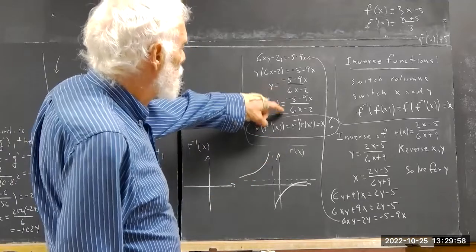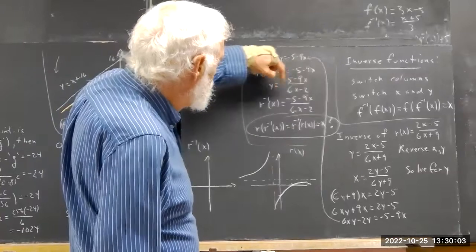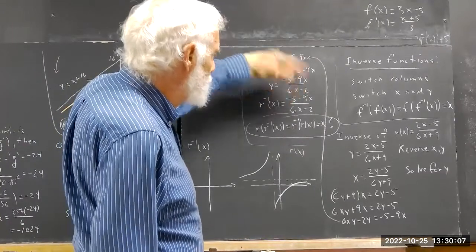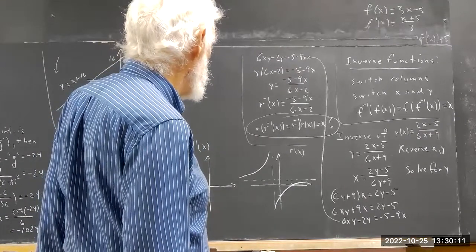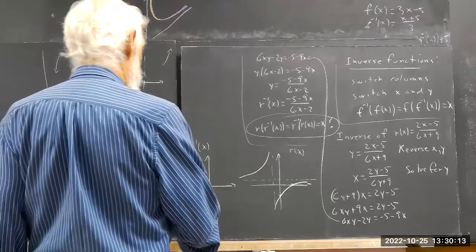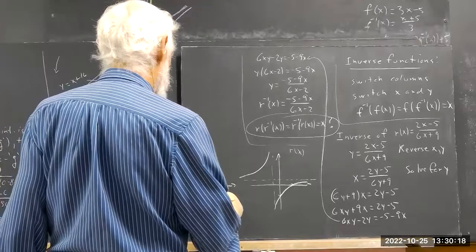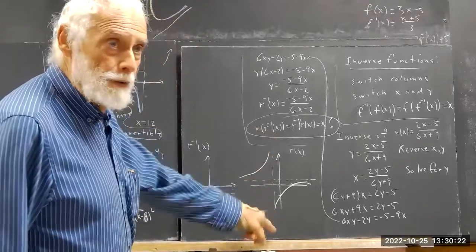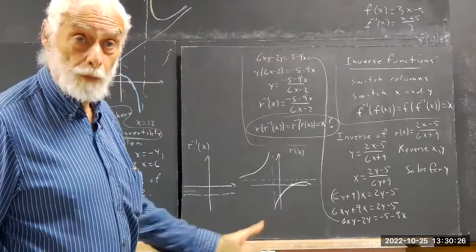Okay, in this case, you're going to have a horizontal asymptote at -9/6, which is -3/2. Like here, this is just a reflection of the vertical asymptote here, which was at -3/2.